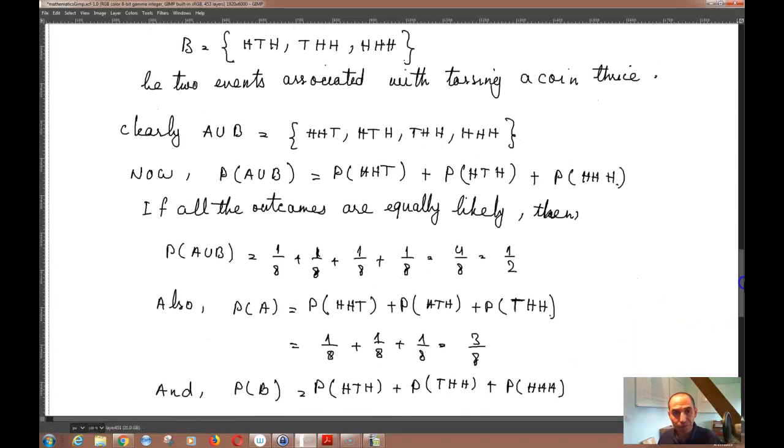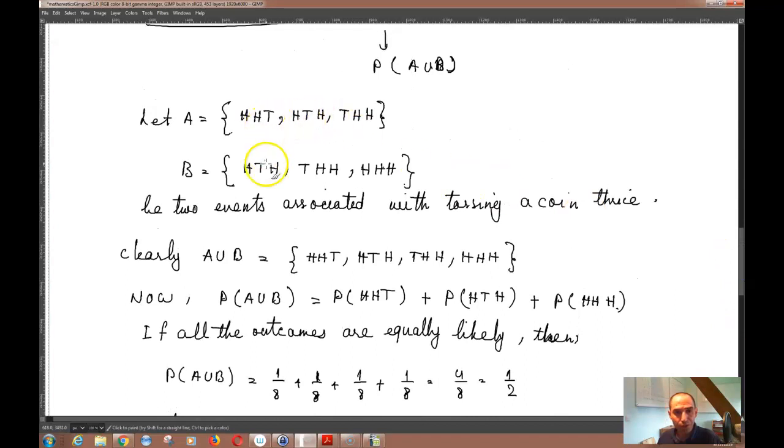So over here, if you go to A and B, the intersection of A and B would be, you can see HDH here, HDH here, and THH here, THH here.